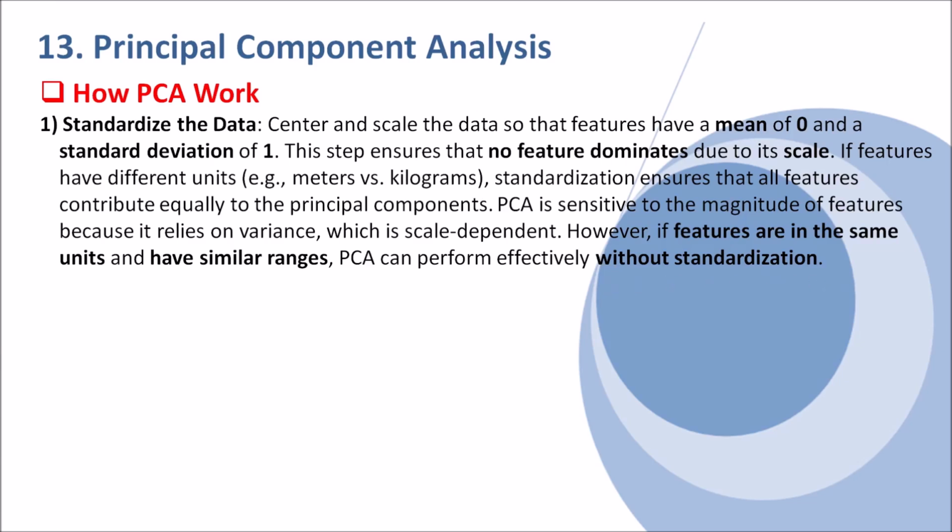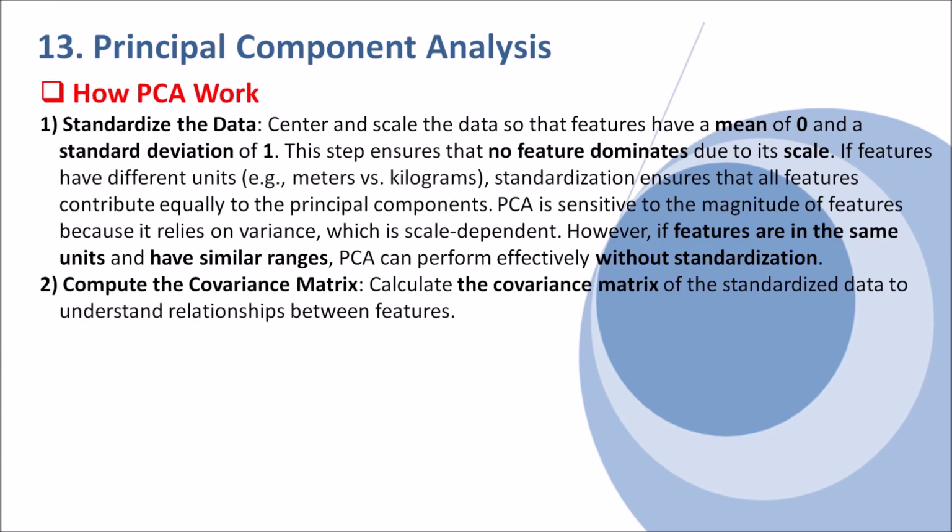In the following section, we are going to see two examples. One for the scaled data, namely, we will scale the data prior to the PCA. One without standardization. Step 2, compute the covariance matrix, namely, calculate the covariance matrix of the standardized data to understand the relationship between the features.